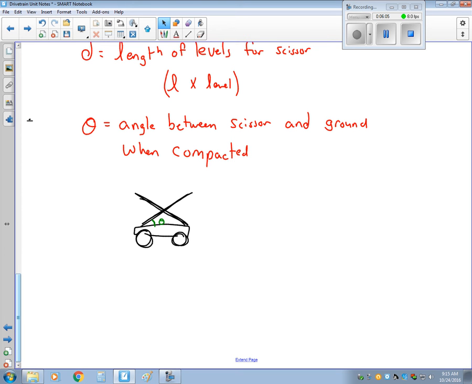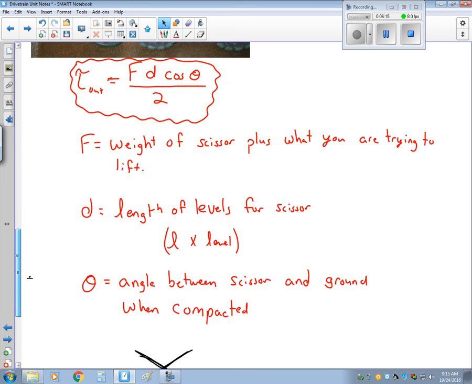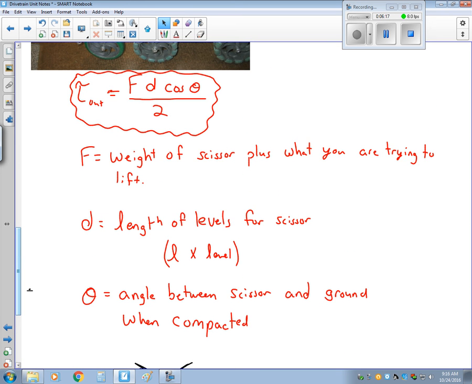So let's think about some consequences here then. Let's say theta equals 0. So this thing is all the way down. When that's all the way down, cosine of 0 equals 1. So when that's all the way down, you need the maximum amount of torque to pick it up.